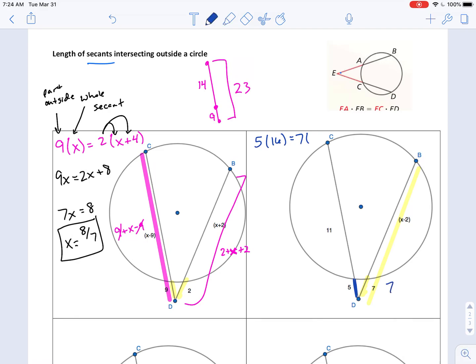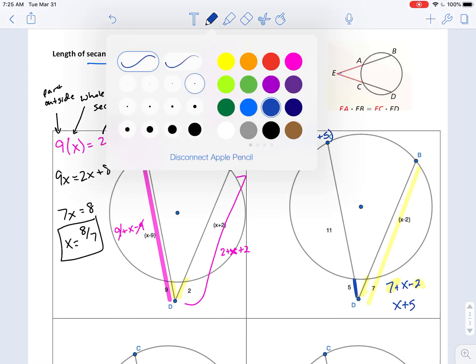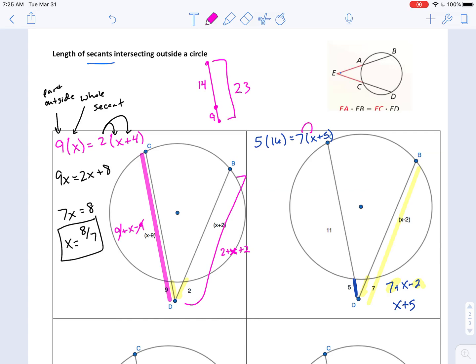So that equals 7 times, and now what's the whole secant? Well, that would be 7 plus x minus 2. And I can combine my like terms to get x plus 5.